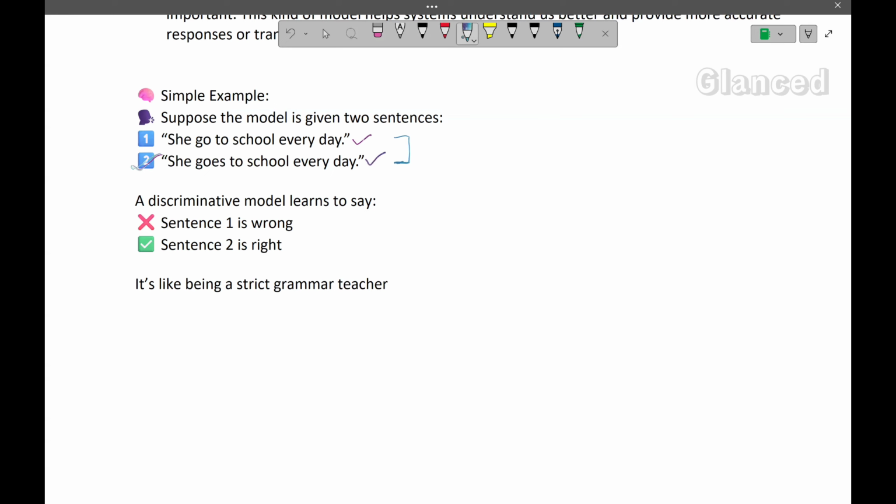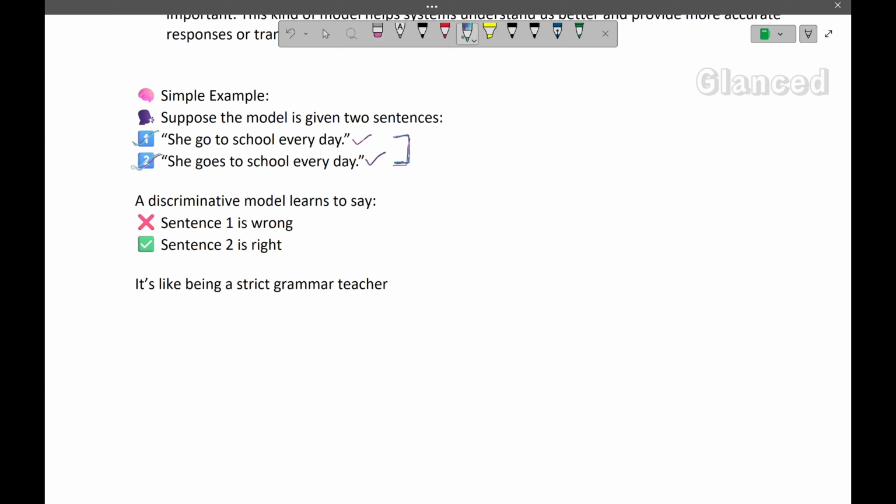So, what happens when you give these two sentences to the discriminative language model is it will calculate the probabilities on several features. Features in the sense it can consider the grammatical rules and many more features are there. So the model will consider the grammatical rules of these two sentences.